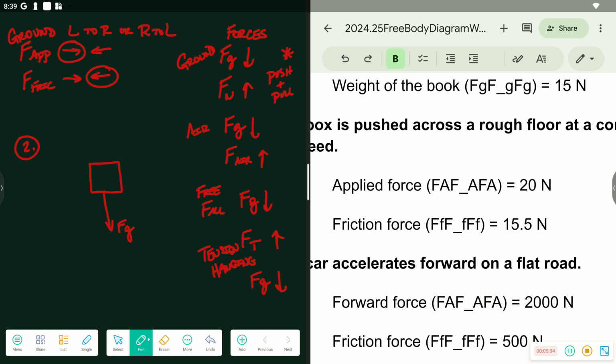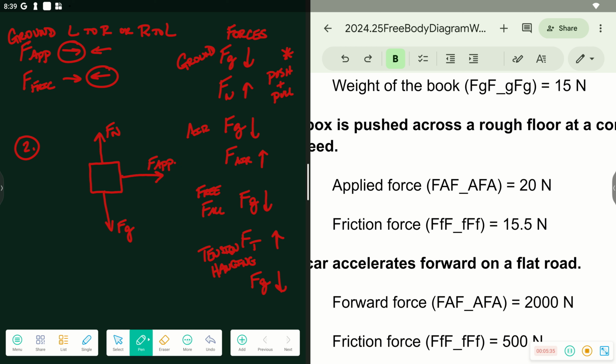It's moving to the right, okay? It's not moving up and down. So what does that tell you about the force of gravity and force normal? They have to be the same. You don't even need a value for it because you know that they're canceling each other out because there's no up-down motion, okay?